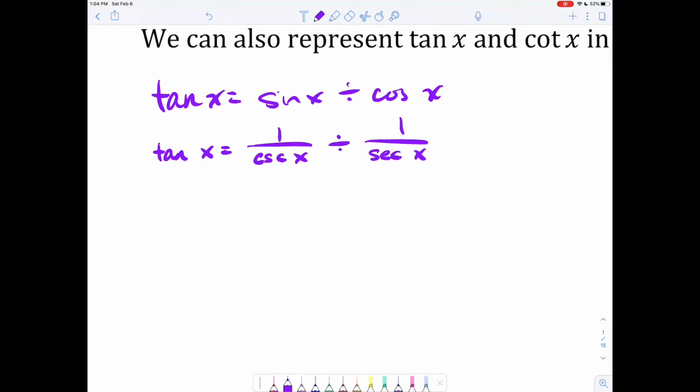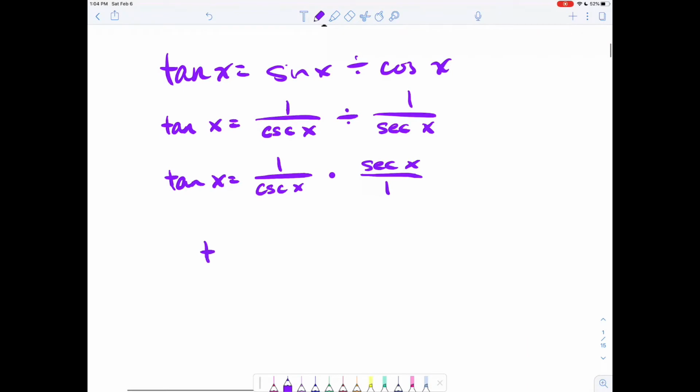And in simplifying this, we're dividing by a fraction. So we can just rewrite this a little bit. We have 1 over cosecant x being multiplied by secant of x over 1. And then to finish simplifying this, we can say that tan of x is secant of x over cosecant of x.